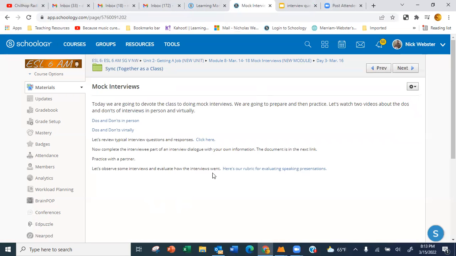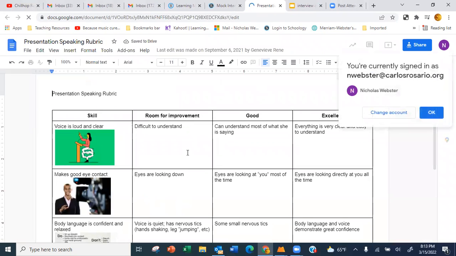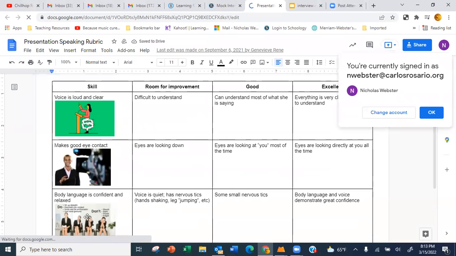Okay, now here is our rubric. So after this, we will come together as a class and we will watch people do their mock interviews together, and then click on this link for a rubric that tells us the different skills and how well each person did.